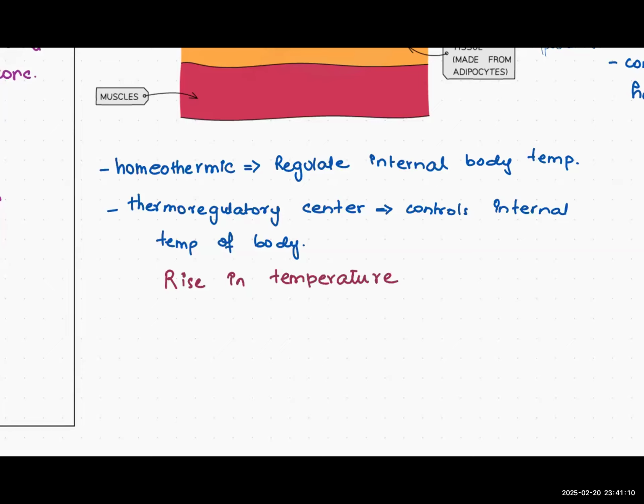When we talk about a rise in temperature, what are we actually going to see? Number one, your sweat glands are going to come into action. They are going to produce a lot of sweat. Okay, let's understand how sweat helps us in this.